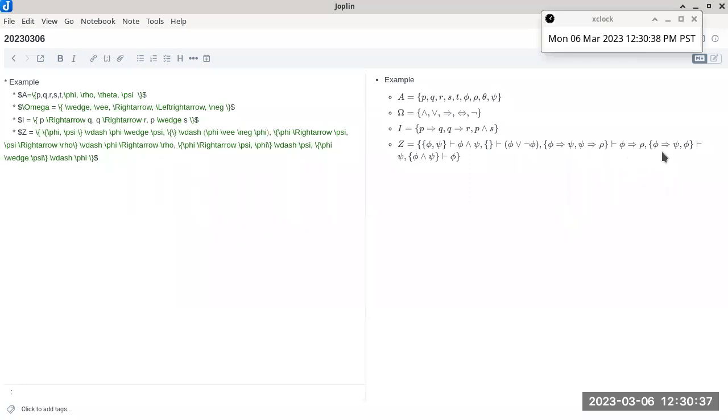And then we have the second to last one, where we have phi implies psi and also phi itself. In other words, I have one implication that is known to be true. I have one other well-formed formula that is also known to be true. And the well-formed formula that is known to be true also has to be exactly the left-hand side of the implication.